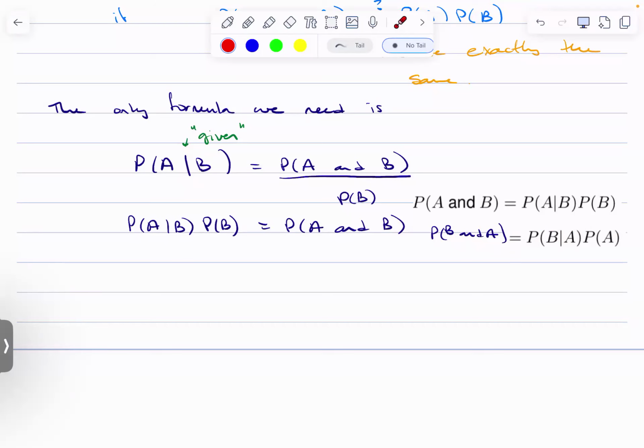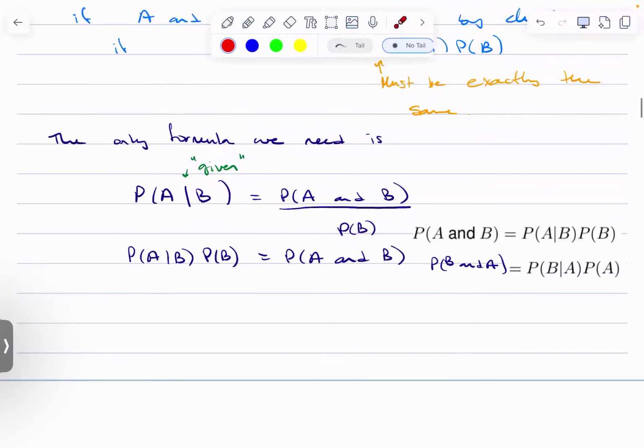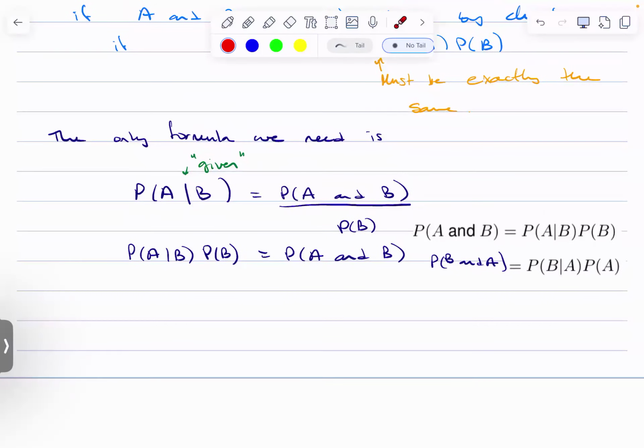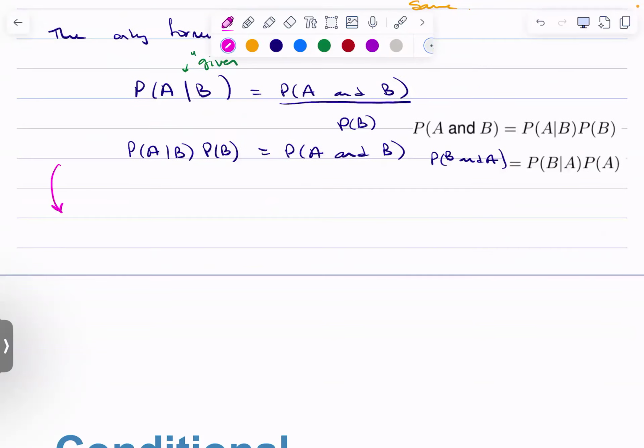Okay, so these are conditional probabilities, right? Now we have non-independent events. This is called a conditional probability.